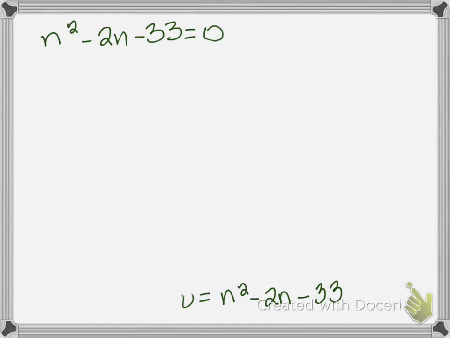There is no number that you multiply with another number and get a product of negative 33 and add those two numbers and get negative 2. There's no number. Okay? So what we're going to do, I'm going to do completing the square with this one. And remember, on your final exam, you have one that says solve by completing the square. So be sure that you're comfortable with this.